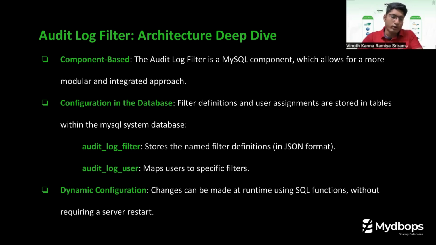You can have a number of audit filter rules, and multiple filters can be attached to different user profiles. This dynamic configuration helps to make changes in these rules at runtime without needing a server restart.